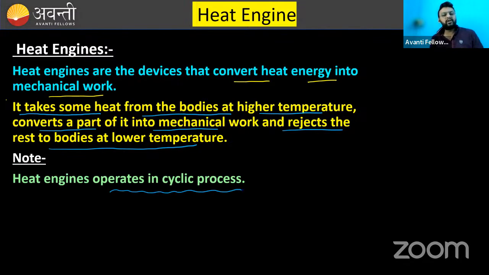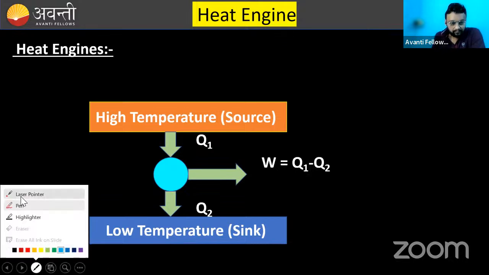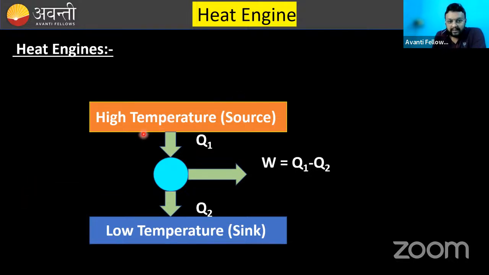And what is cyclic process? We have already discussed, so there is no need to discuss it right now. So heat engine operates in cyclic process. This is the punchline. Now, have a look at this diagram. The line mentioned earlier is explained in this diagram. What is the principle? There is a high temperature body and there is a low temperature body.